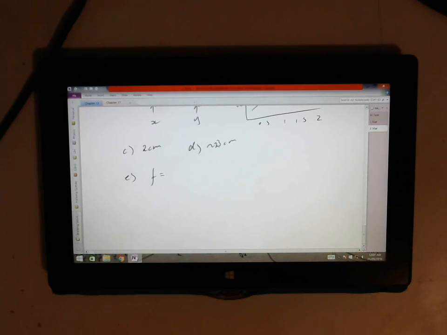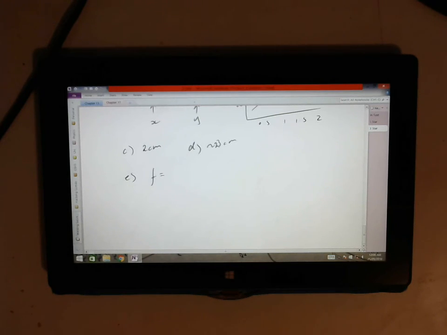So if you think about the focal point, we're saying we've got a concave mirror. We've seen other graphs of concave mirrors. I showed you one of those before, and if we put our object at the focal length, what magnification will we get? So if we make DO equal to F, what magnification will we get?